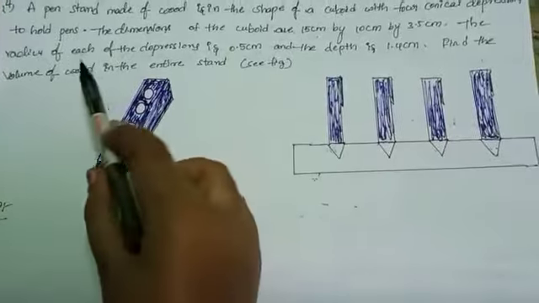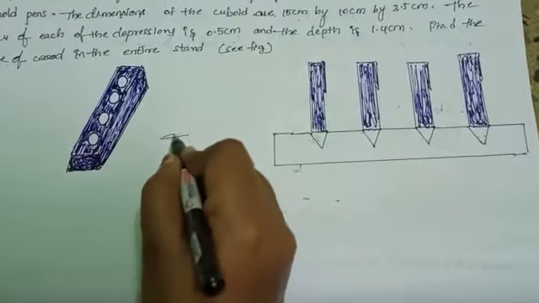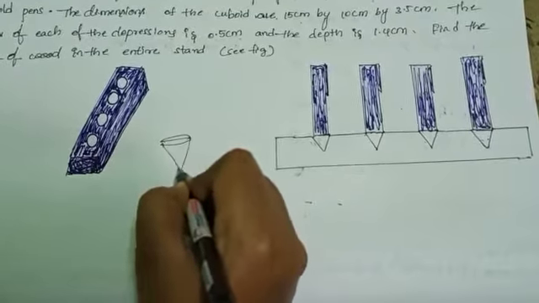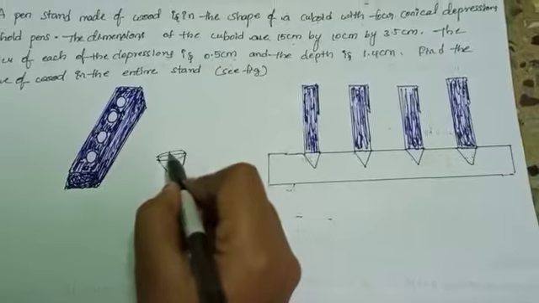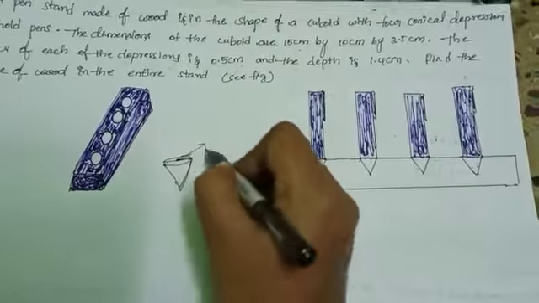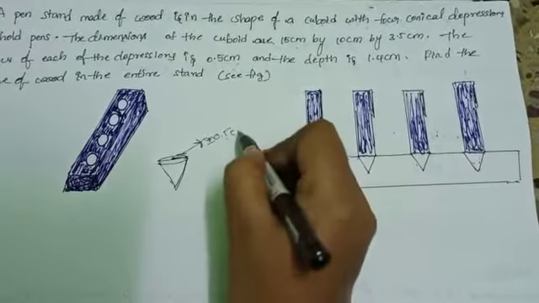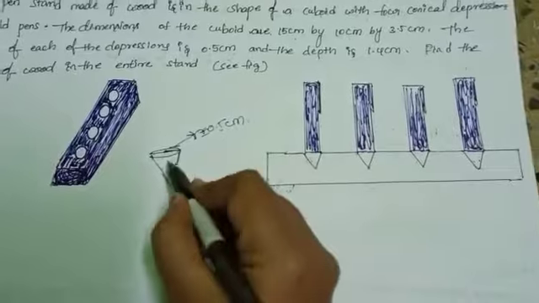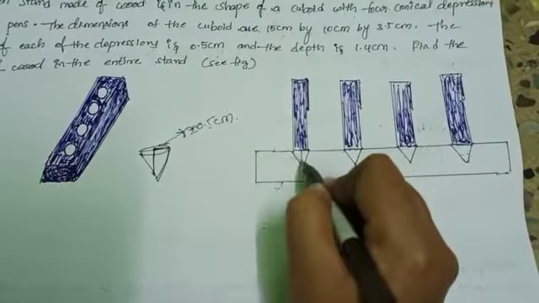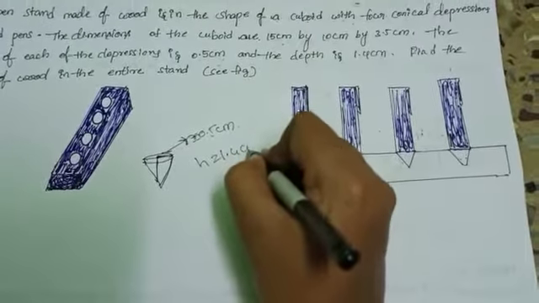The radius of each depression: this cavity is in the shape of a cone. Given the radius of the cone, radius is 0.5 centimeter and depth, depth means height, height of the cone is 1.4 centimeters.